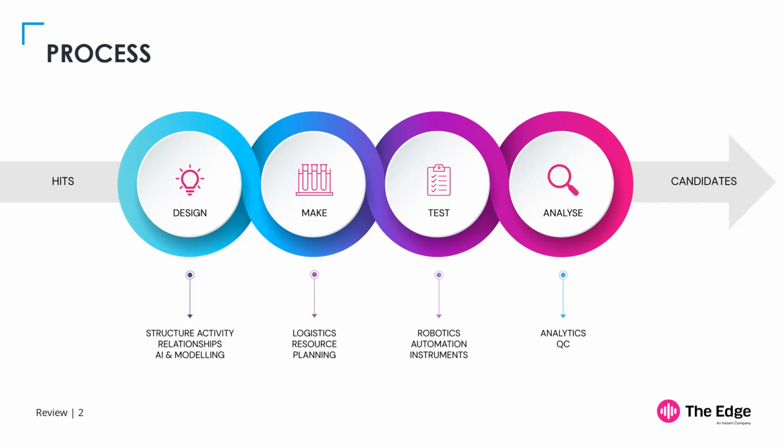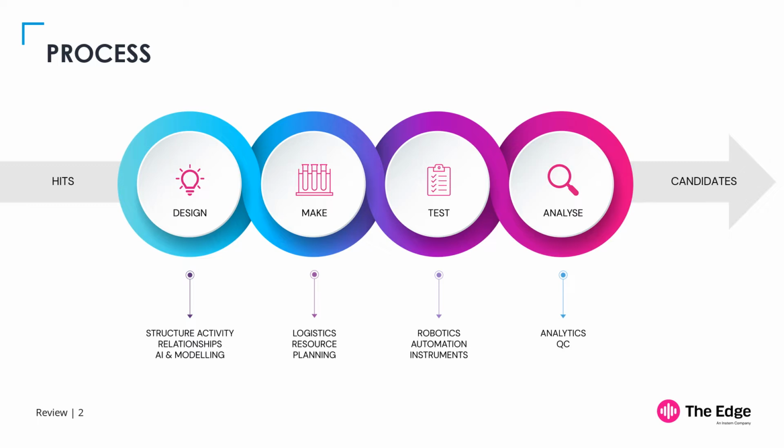It provides data for structure-activity relationships, for artificial intelligence and modeling techniques to leverage in order to predict improved therapeutics that can be used for design of new drugs, which can be measured using the make, test and analyze phases.